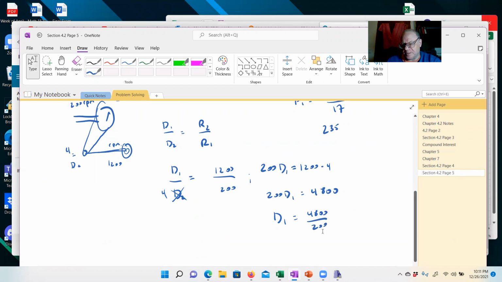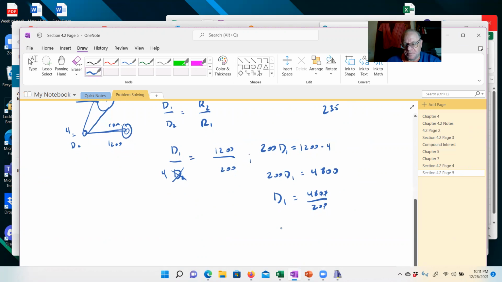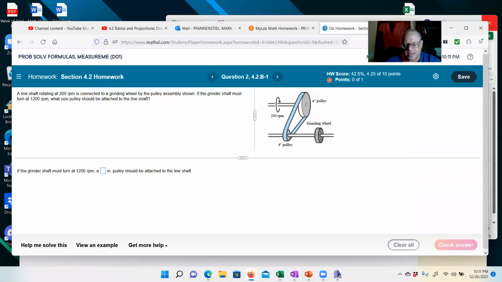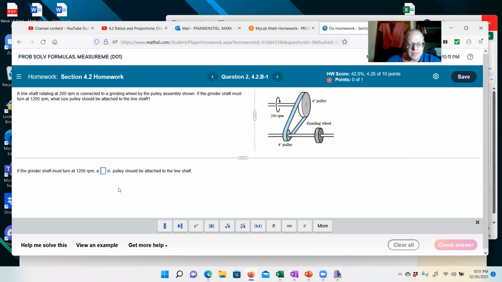We can cancel some of this out, right? The 2 zeros are going to go. If you don't trust yourself, there's always a calculator. I'm not judging. And then 48 divided by 2, that should be 24. So it should be your 24 inches there. Okay. 24 inches.